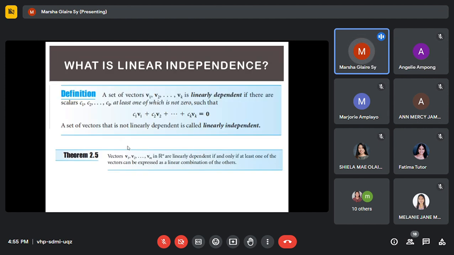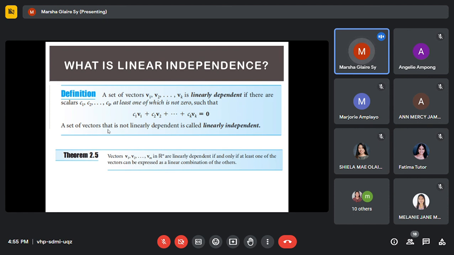Okay, and we have here what is linear independence. So there is the definition: a set of vectors v1, v2, ..., vk is linearly dependent if there are scalars c1, c2, ..., ck, at least one of which is not zero, such that c1 v1 plus c2 v2 plus ... plus ck vk is equal to 0.